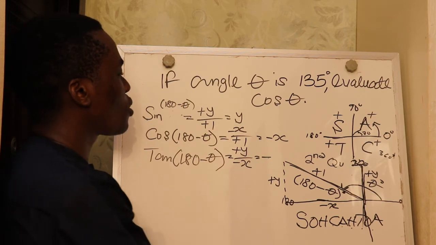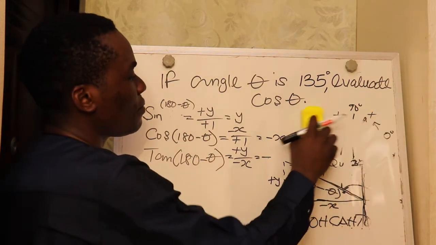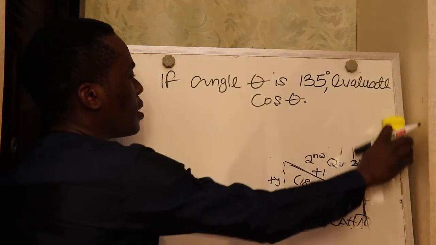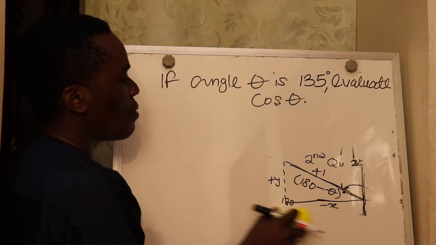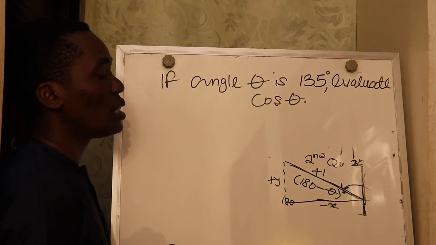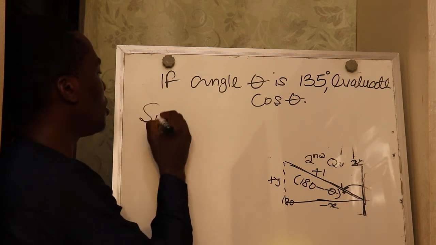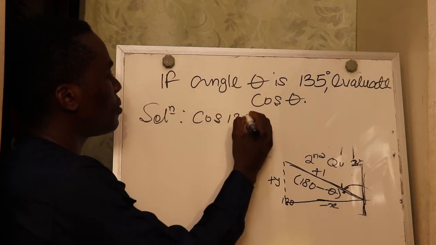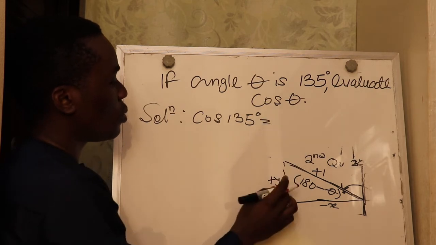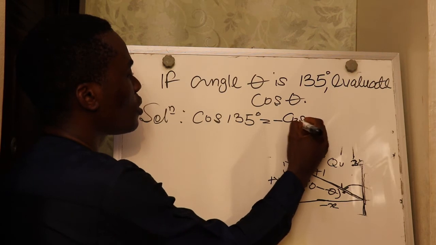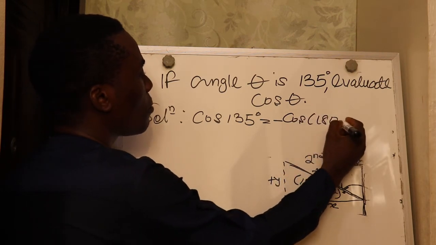Now let's go solving our question for today. Now remember, we are given this value. We are told that our theta is equal to 135 degrees. Now in solving this question, we can look at our cos 135 to be equal to, following this quadrant, minus cos 180 minus what?